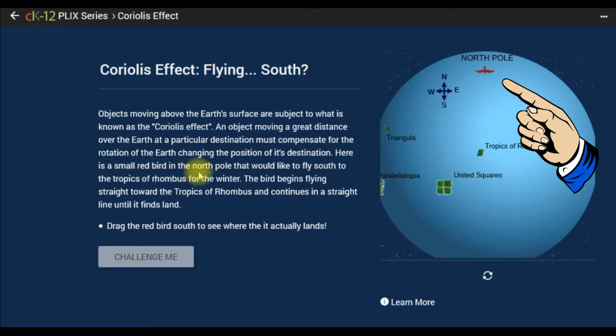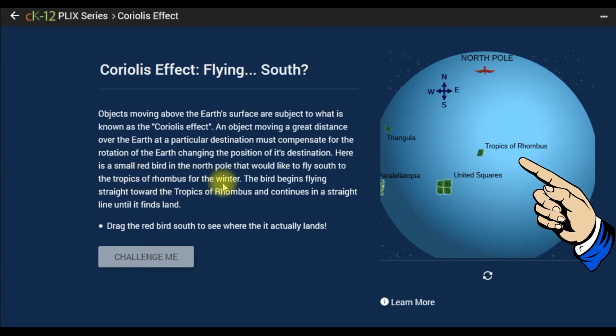Here is a small red bird in the North Pole that would like to fly south to the tropics of Rhombus for the winter. The bird begins flying straight towards the tropics of Rhombus and continues in a straight line until it finds land. Drag the red bird south to see where the bird actually lands.